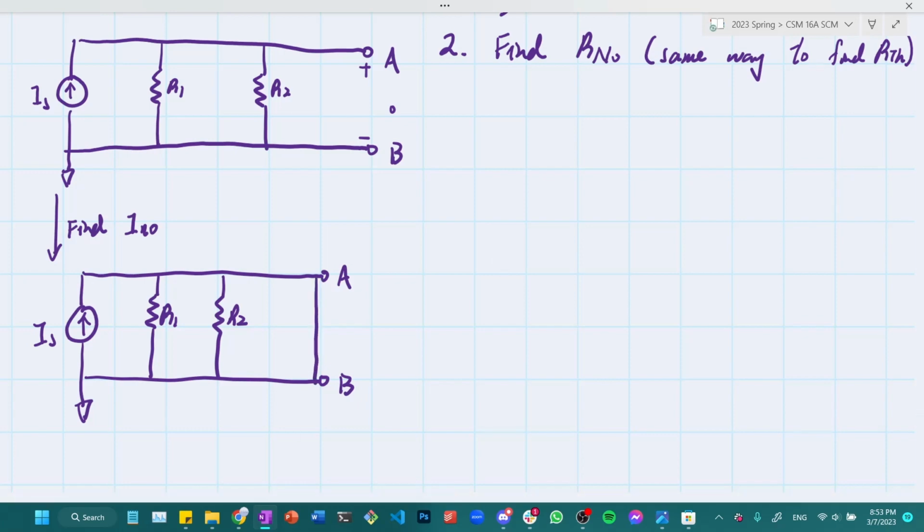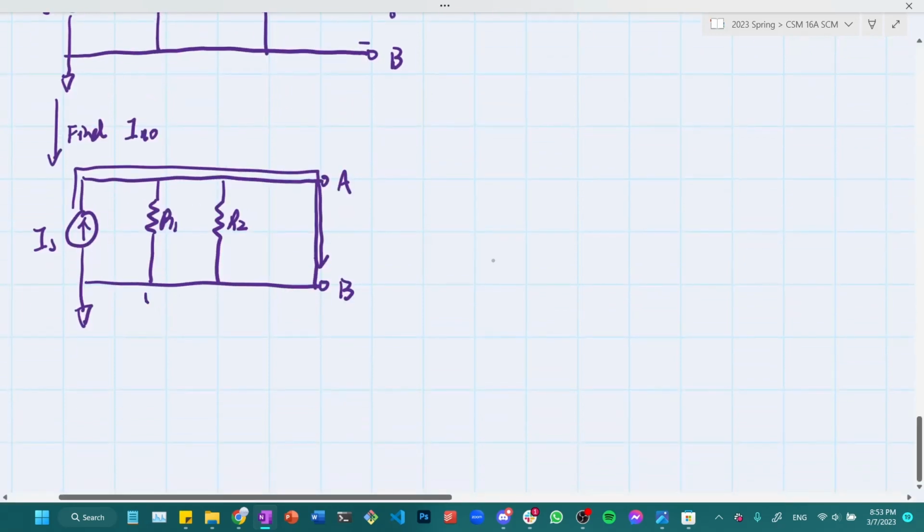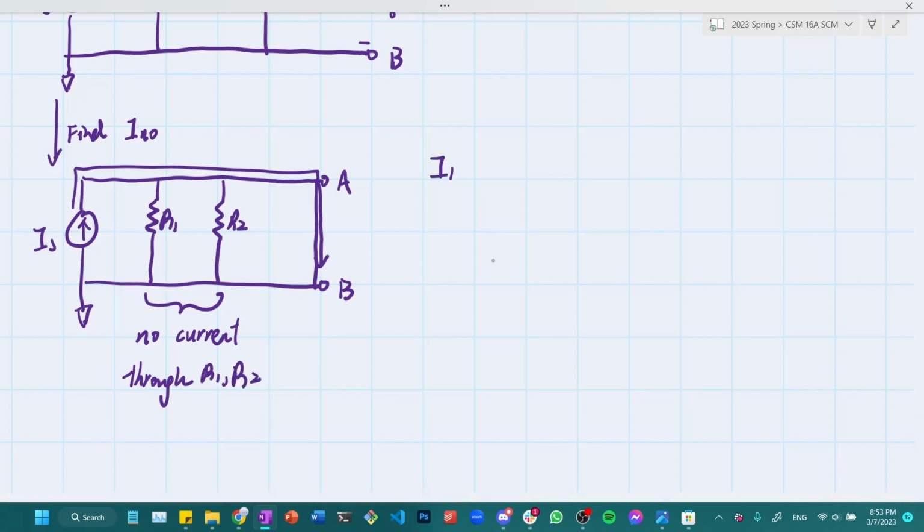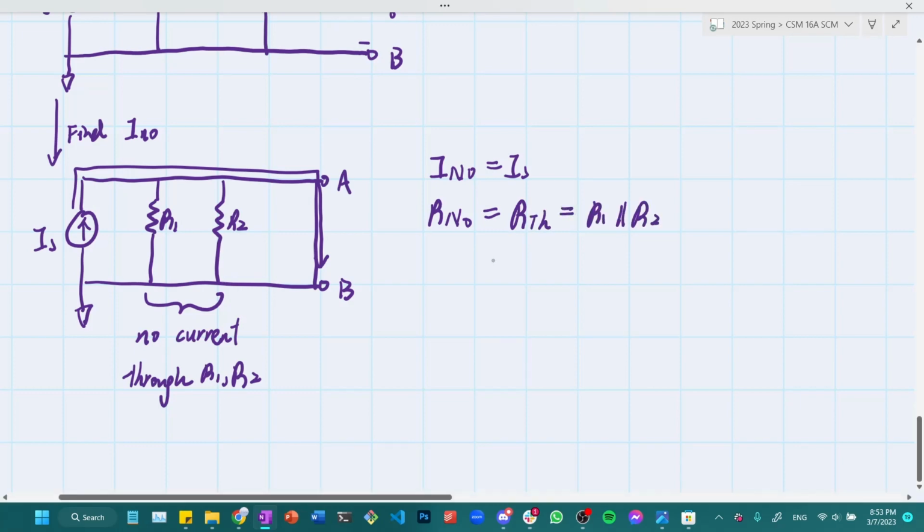So what happens then is that all of the current IS flows through the short circuit, and there will be no current flowing through R1 and R2. This means INO is equal to IS. And furthermore, we already know that RNO, which is the Norton equivalent resistance, is equal to RTH, which is equal to R1 parallel R2.